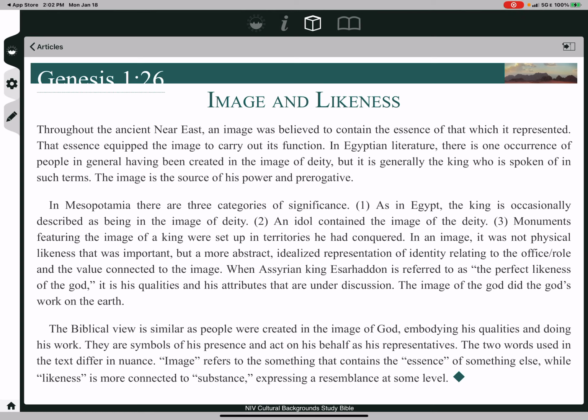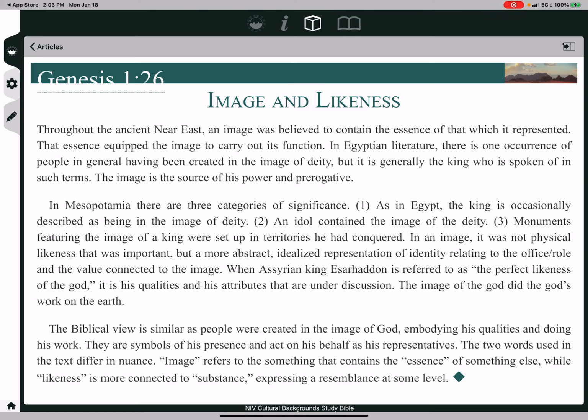The biblical view is similar as people were created in the image of God, that is, embodying his qualities and doing his work. They are symbols of his presence and act on behalf as his representatives. The two words used in the text differ in nuance.